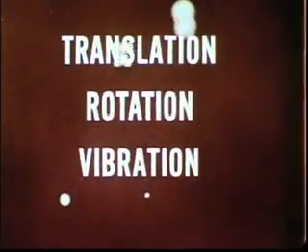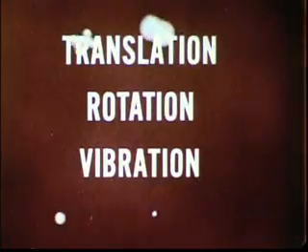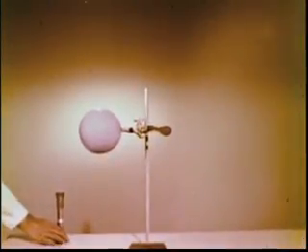Even more freedom of motion is possible when the molecules are widely separated, as in a gas, where translation, rotation, and vibration occur almost unhindered. As intermixing and molecular motions increase, the ability of molecules to react also increases.